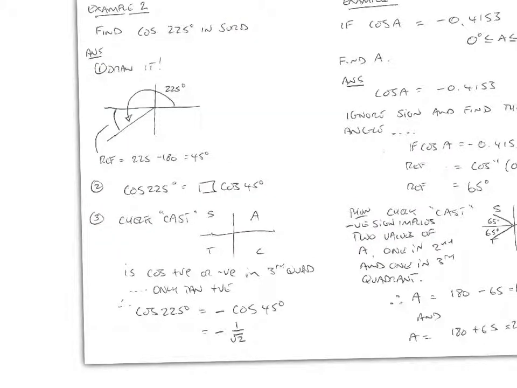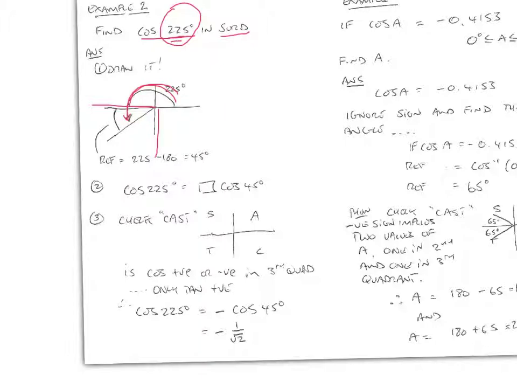Second example here. Find or write cos 225 in surd form. Represent this angle that's greater than 90, but less than 360, in surd form. First thing is to draw our 225 degrees, and that brings us through the 180 and somewhere in between the 180 and the 270.